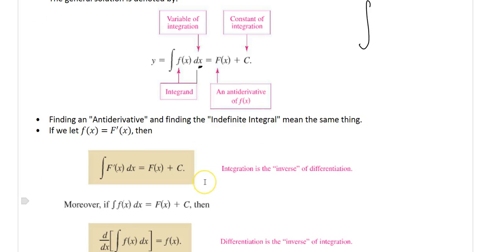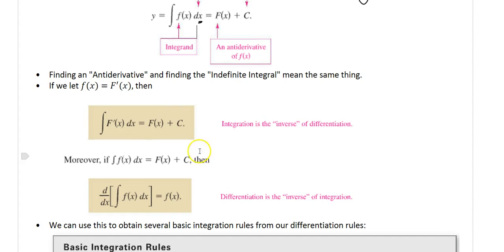So if we let little f of x be equal to capital F prime of x, then the integral of f prime of x dx is going to be equal to capital F of x plus c. And if the integral of little f of x dx with respect to x is equal to capital F of x plus c, then the derivative of the integral of little f of x is actually just going to give you little f of x back. So what this is saying is that integration and differentiation are basically inverses of each other.